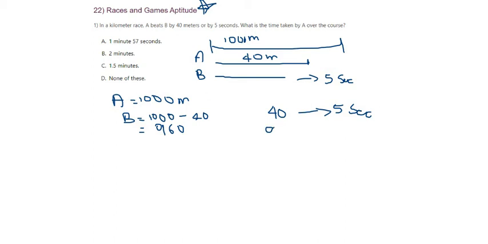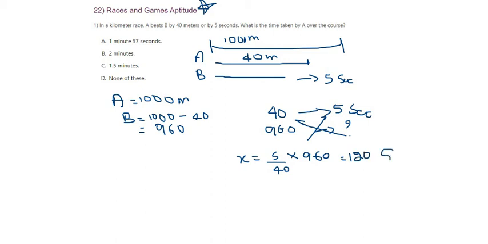Then this 960 which we found out beats by how many? Therefore you do the cross multiplication, which is x or question mark is equal to 5 by 40 into 960, which is equal to 120 seconds.